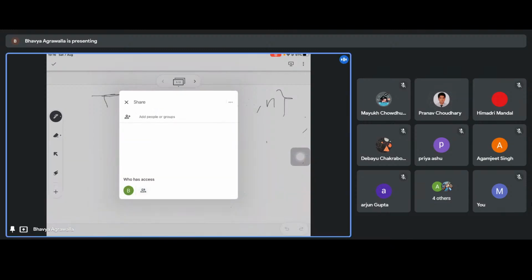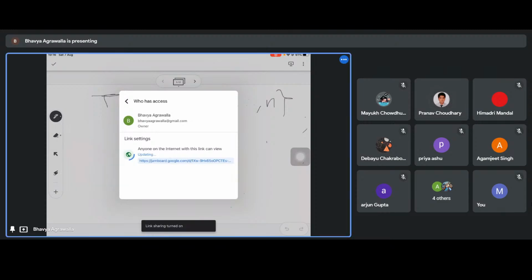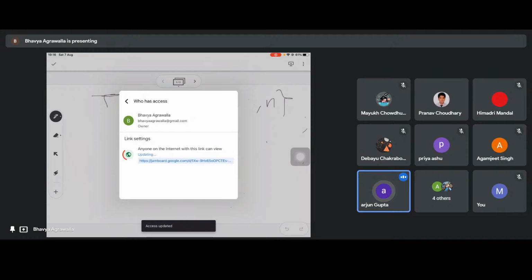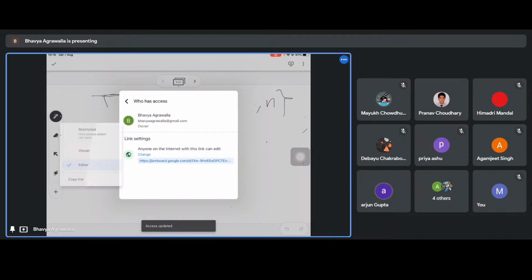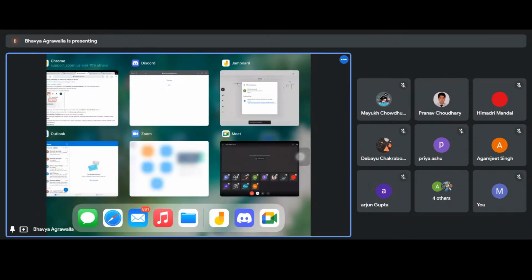Click on change link settings, and choose editor, not viewer, if you want to write something. Now copy the link and send it. Yeah, it's fine now. Perfect.